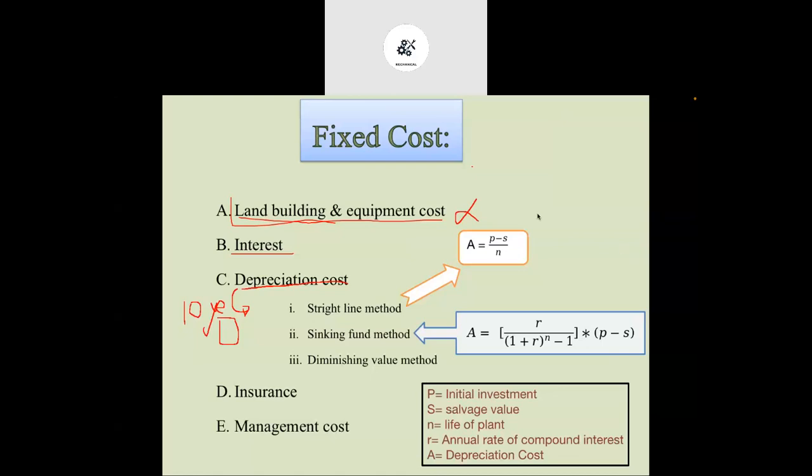In that case, what we do is, per year, in this 10 years, we save some amount, or keep some amount from the profit.